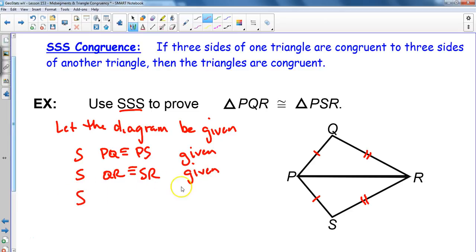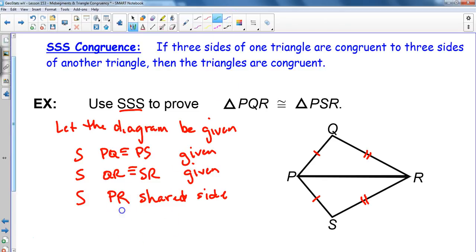The third argument, there are a couple different ways that you can argue this. The simplest way is to make the statement that PR is equal to itself, or just say PR is a shared side, meaning that the same exact side is used in both of these triangles, so it has to be congruent to itself.